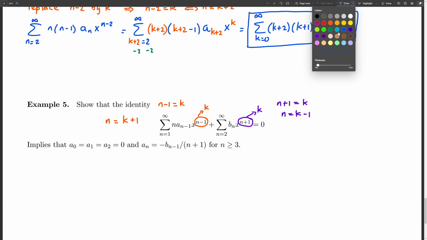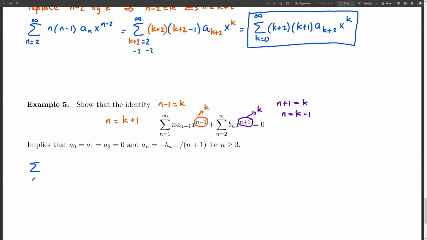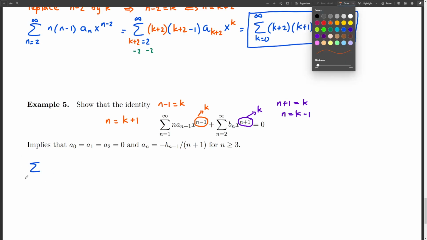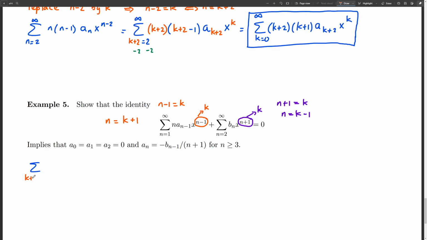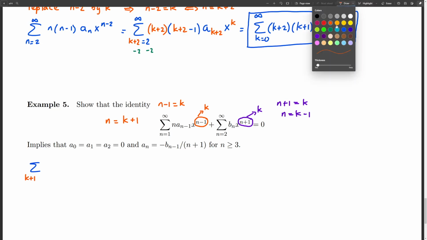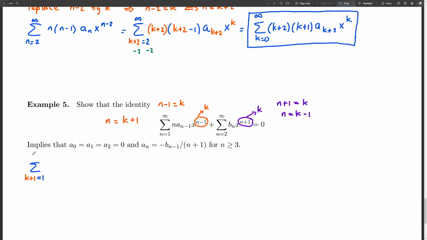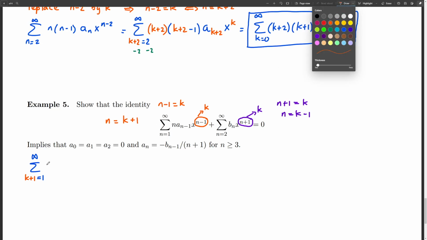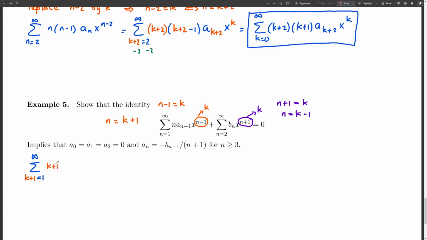So now our first summation will be, instead of n equals 1, it will be k plus 1 equals 1 to infinity, and then n gets replaced by k plus 1. So we have k plus 1 times a sub n minus 1.